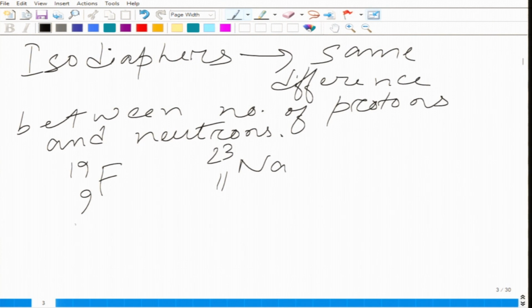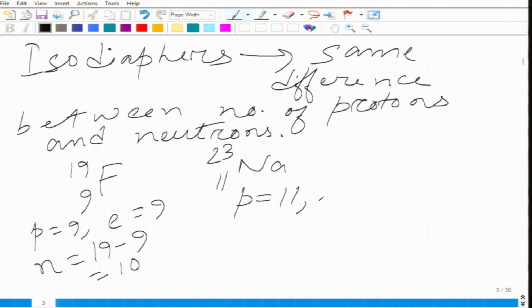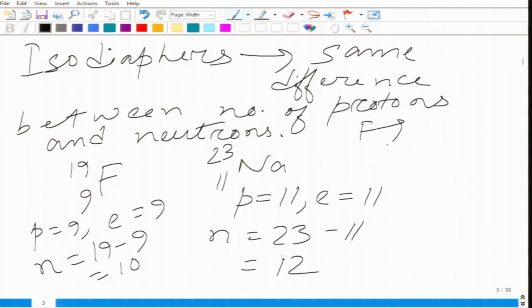So, what is the relation? For fluorine, the number of protons is 9, the number of electrons is 9, and the number of neutrons is 19 minus 9, that is 10. For sodium, there are 11 protons, 11 electrons, and neutrons are 12, right?